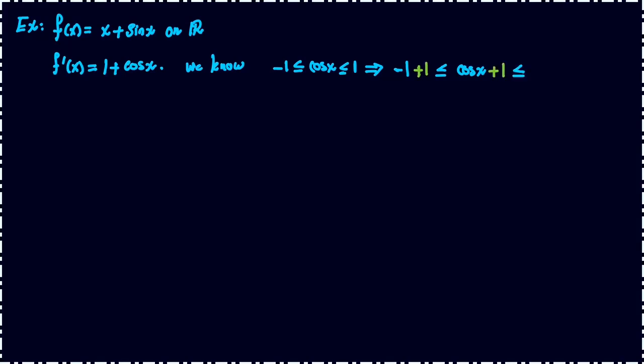Add 1 to the right side of the inequality as well. The middle is the derivative here. We have basically 1 plus cosine of x being between 0 and 2, or I should say f prime goes from 0 to 2.